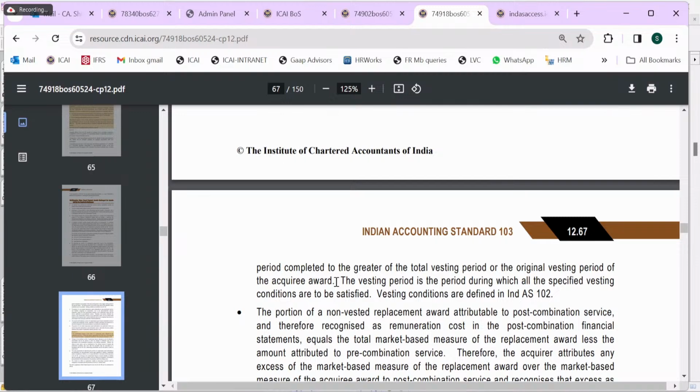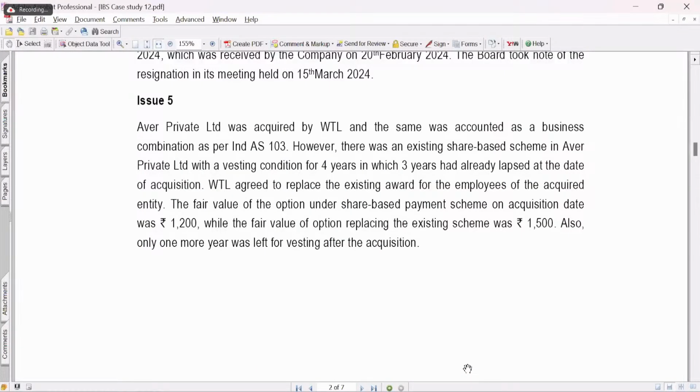Here in the scenario, the vesting period of the original award is given, but no change in the vesting period has been mentioned for the replaced award. It is also mentioned that only 1 year was left for vesting after the acquisition. It means for the replacement award also the unvested period is 1 year only.